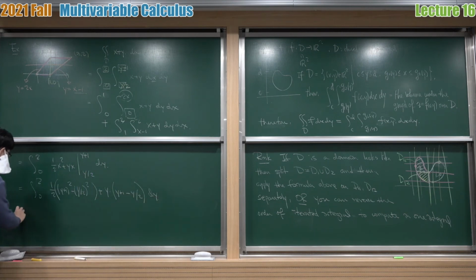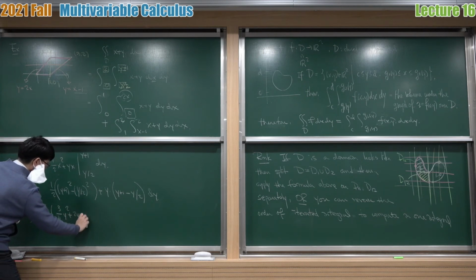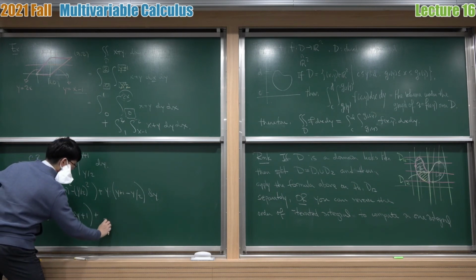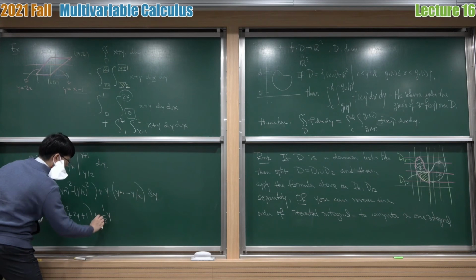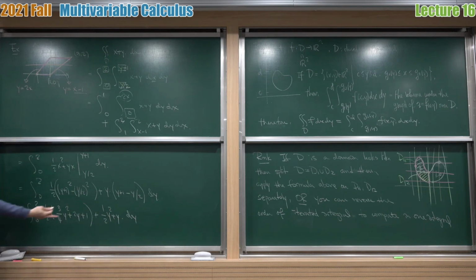And you simplify this. Then this is 3 over 4 y squared, plus 2y plus 1 over 2, plus 1 over 2 y squared plus y, dy. And then integrate again. It's all about y, so you get a number.